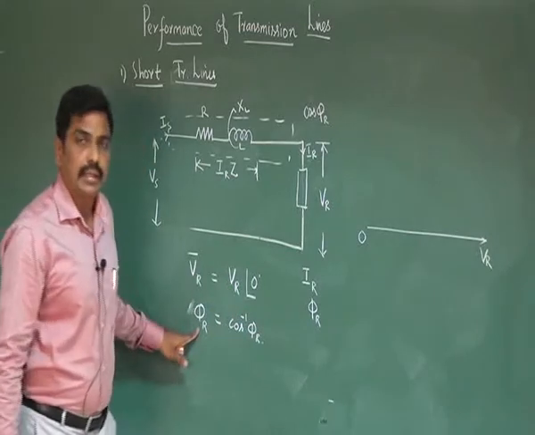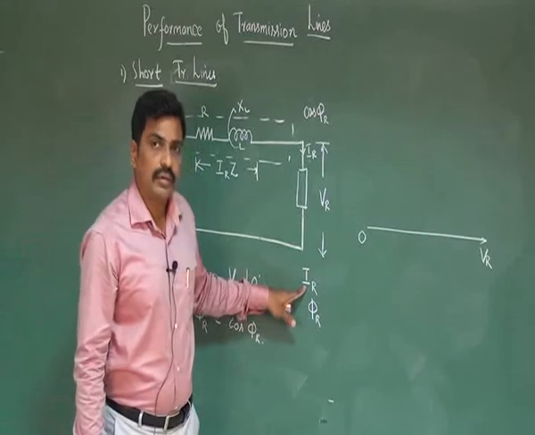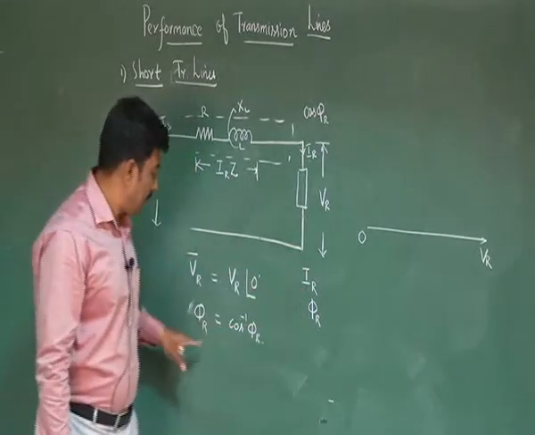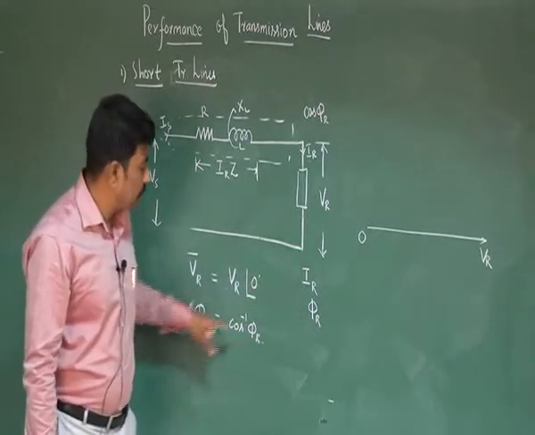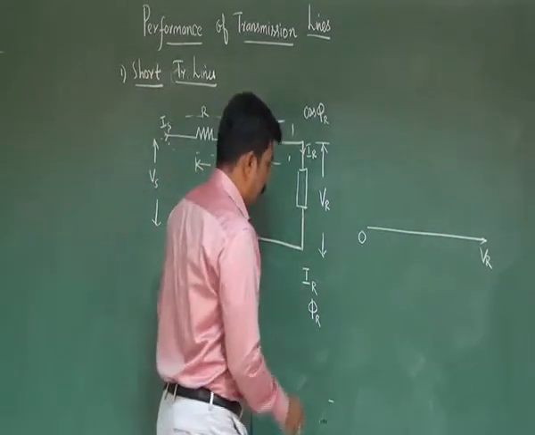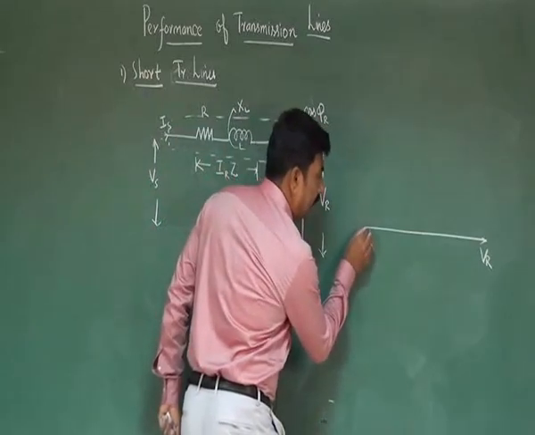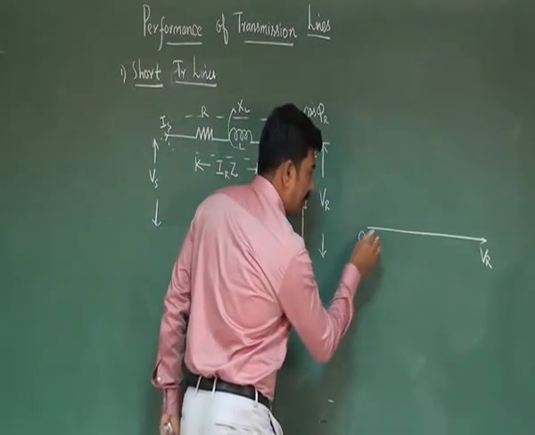Phi r is actually an angle in degrees, that is, IR is the vector which is lagging by an angle of phi r. So having these two sets of values, we can easily construct the vector for IR. So IR can be drawn, that is, IR is the current vector lagging VR.